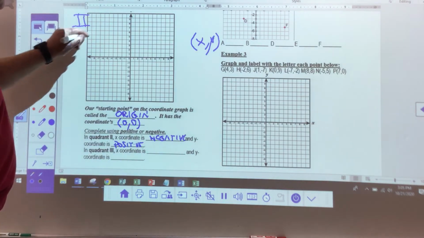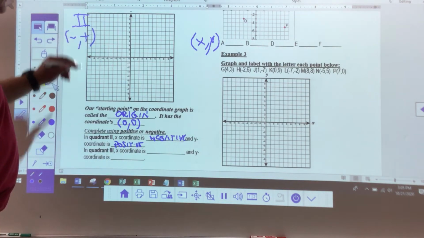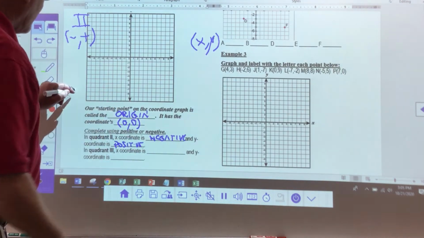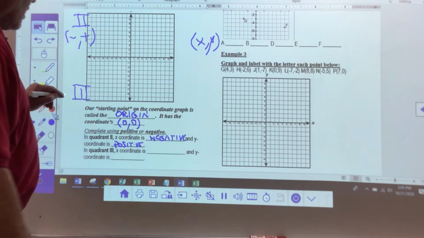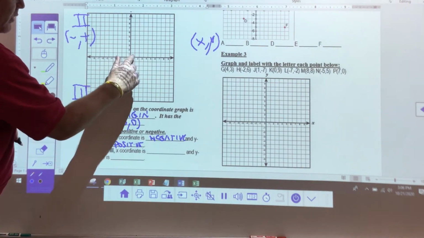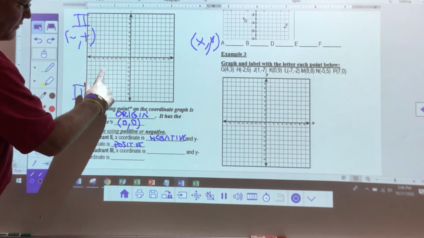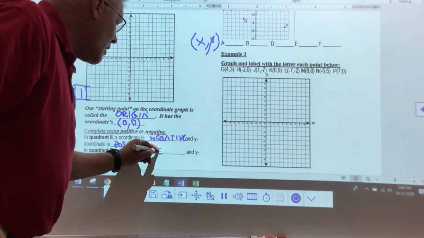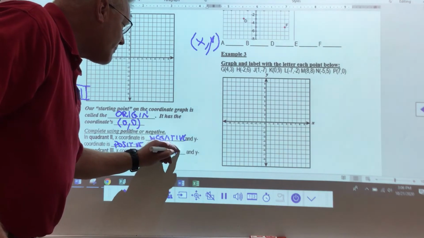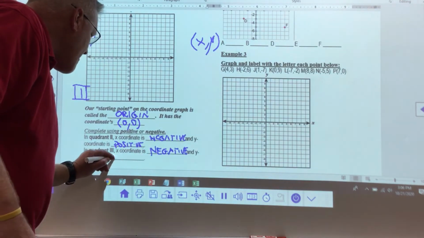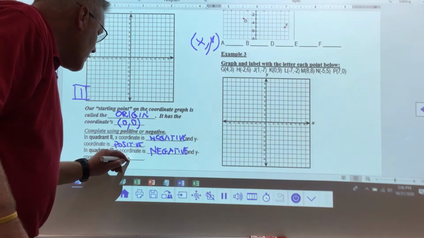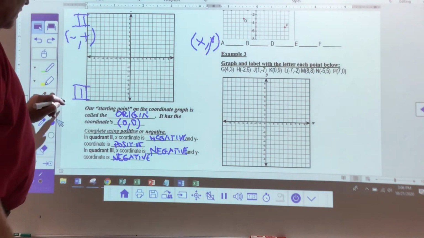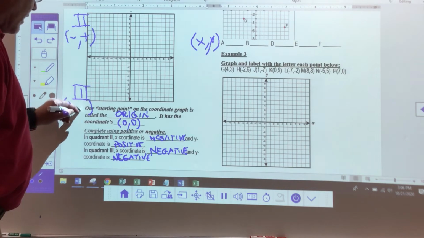So in quadrant 2, our x is negative and our y is positive. Now, this wants to know about quadrant 3, which is right down here. To get over to this area, we're going to have to go to the left and then down, so both of those are going to be negative.